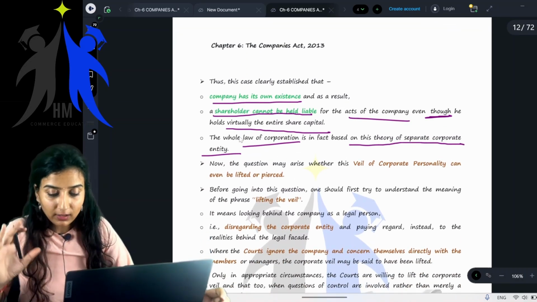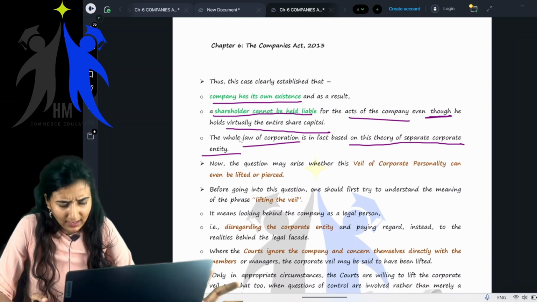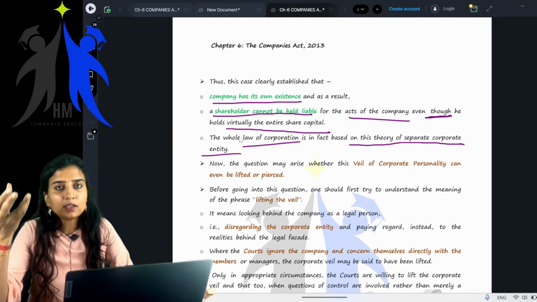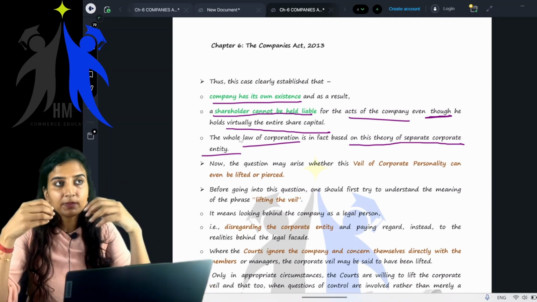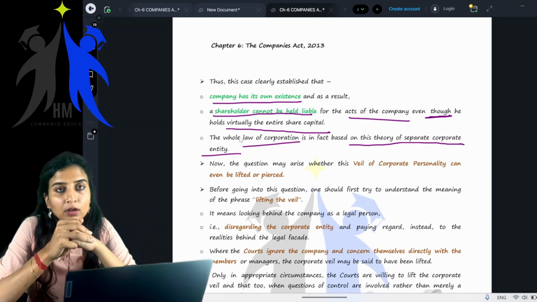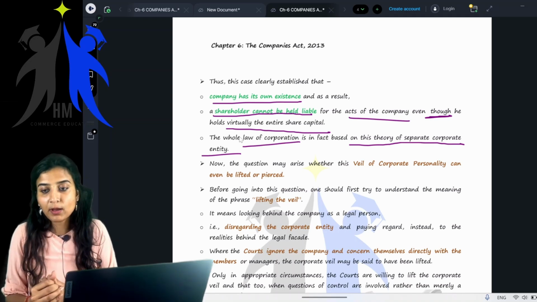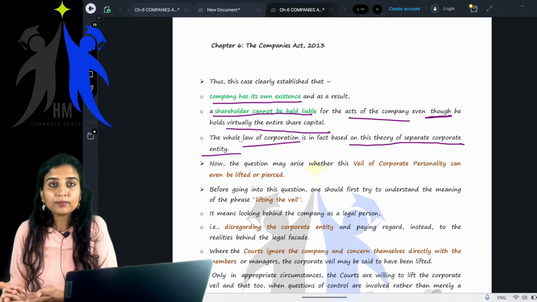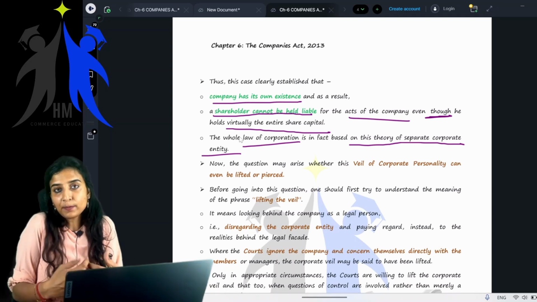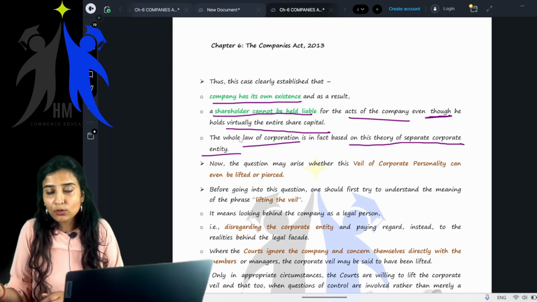So if you are clear with this particular thing, it's obvious that by this time a question might have arisen in your minds: ma'am, if something like this happens, there are so many chances of taking advantage of the situation. People can create a company, do something which is not correct, and clearly escape because their personal assets are not attached when they commit a fraud.